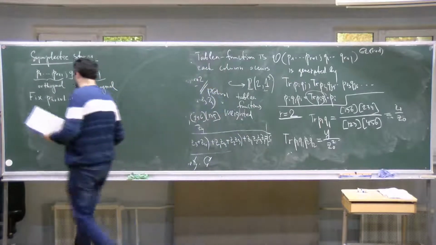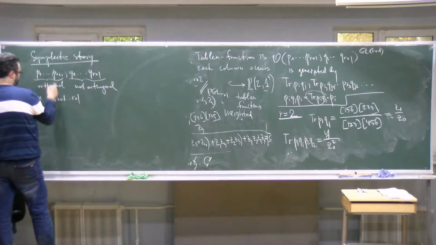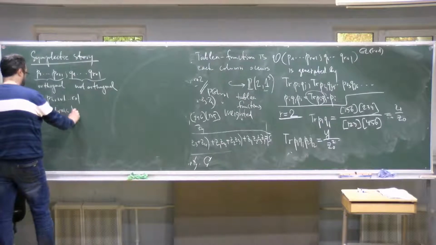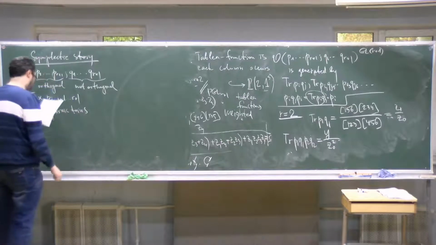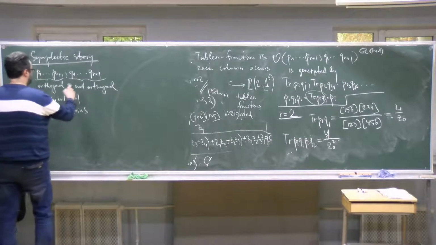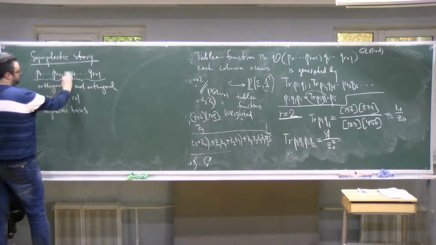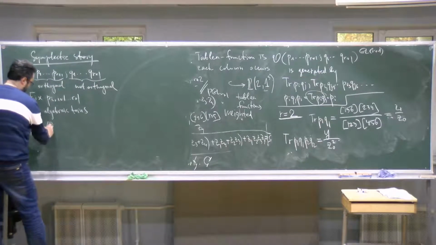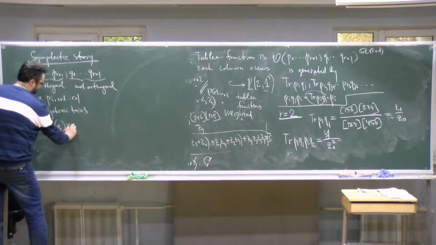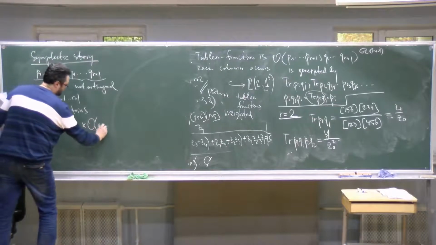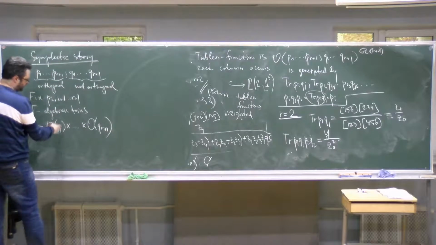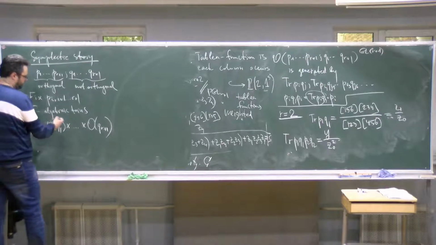In this case, we fix the algebraic torus generated by these Pi. Let T be the algebraic torus. And consider all these projectors. Consider the variety Y, which is a product of coadjoint orbits. Here Q1 is a coadjoint orbit of projectors of rank 1.